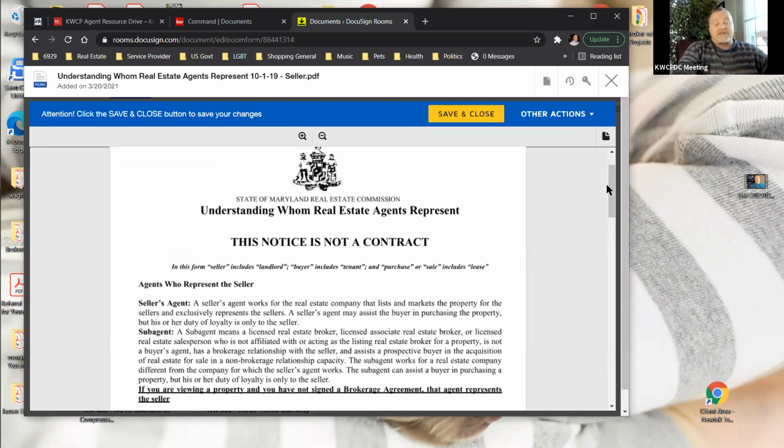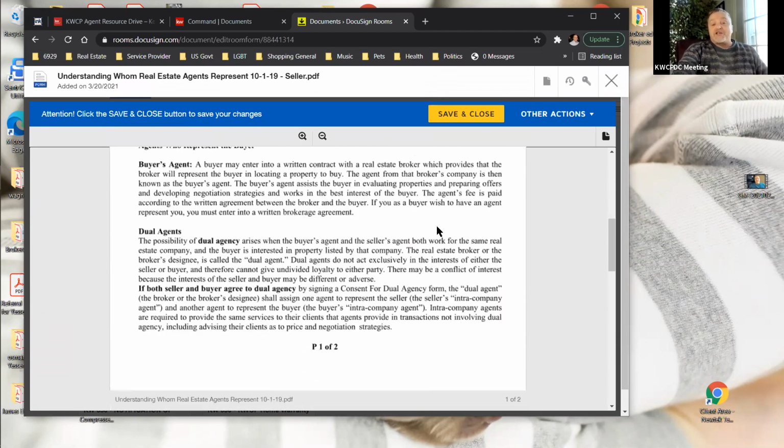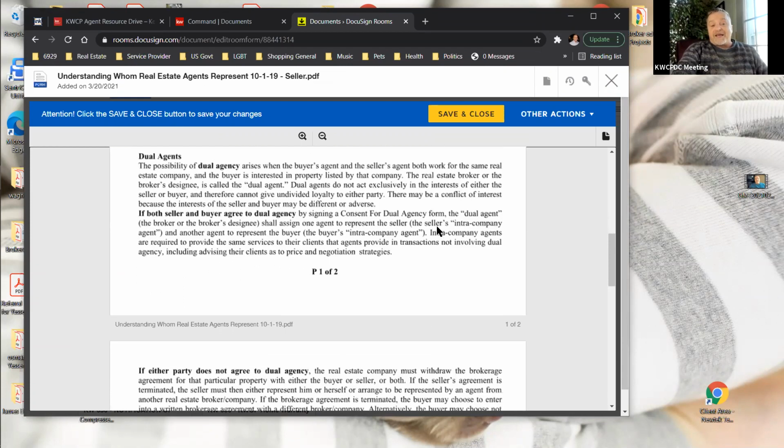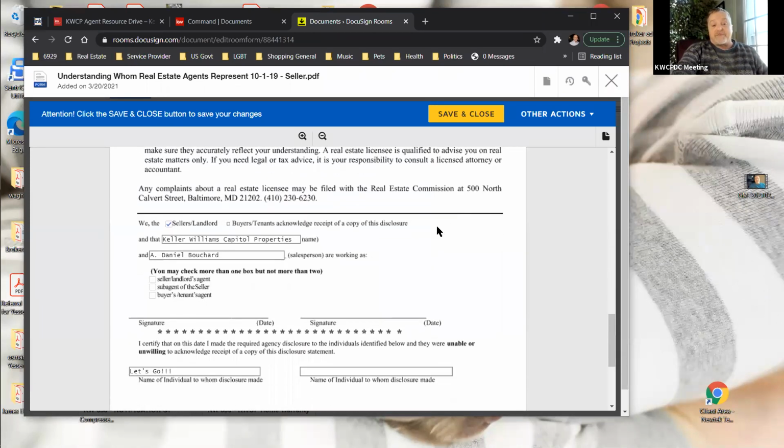This is so important, and so many agents get this wrong. If you're walking into a property with anybody, you either have a buyer agency agreement or you have this form signed. This form is basically disclosing to them that the agent who is showing them the property today is not their agent and is not representing them.